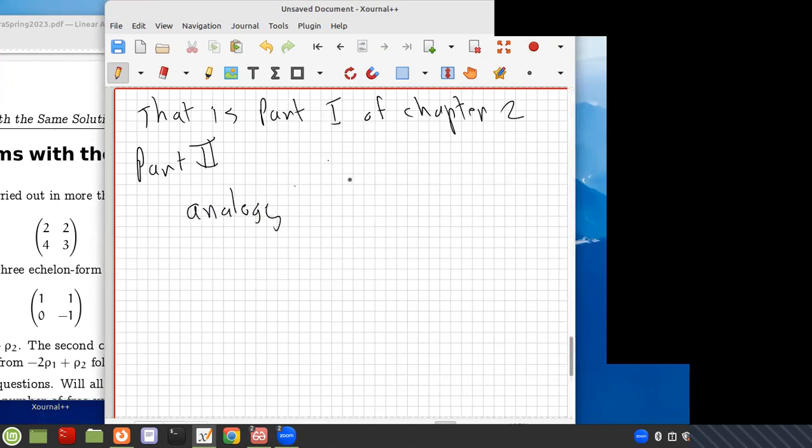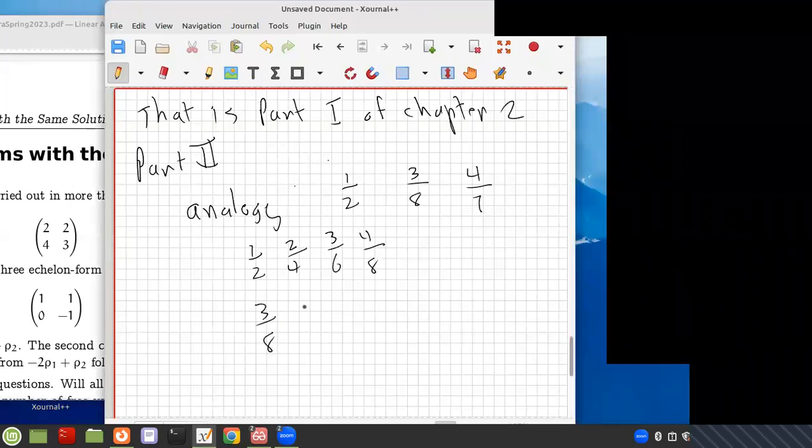You know that there are fractions, right? 1/2, 3/8, 4/7, all kinds of fractions. But you know that some fractions have the same value as other ones, like 1/2, 2/4, 3/6, 4/8, and here 3/8, 6/16, or 4/7, 8/14, 12/21, right?